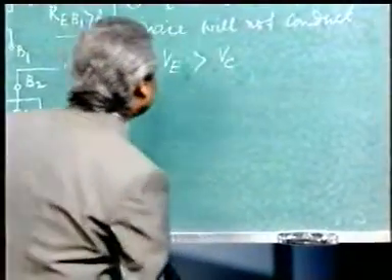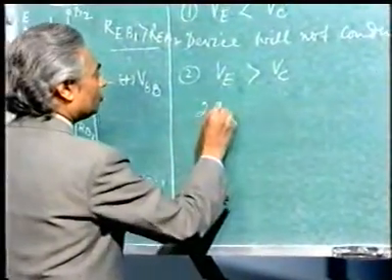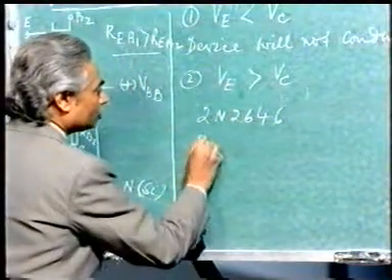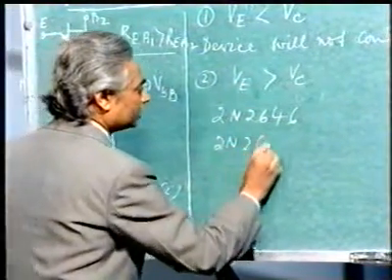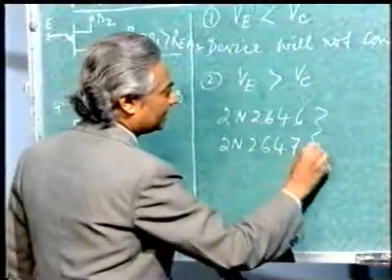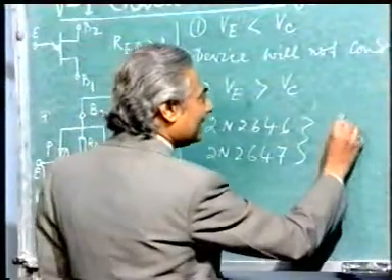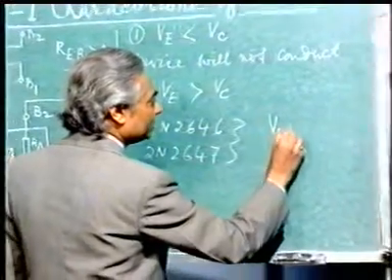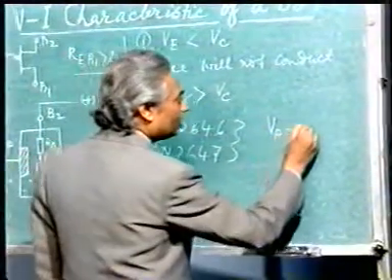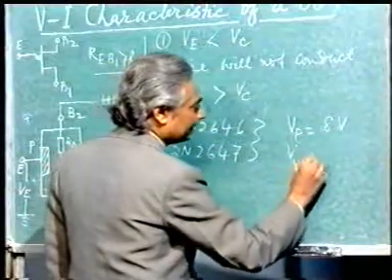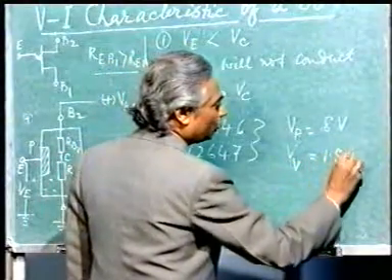Before I actually perform the experiment, let me explain a little bit about the values for this particular UJT. You see, we are going to use 2N2646. You may also use 2N2647. These are normally found UJTs in the market, and they have the peak point voltage Vp approximately 8 volts and the valley voltage approximately 1.5.